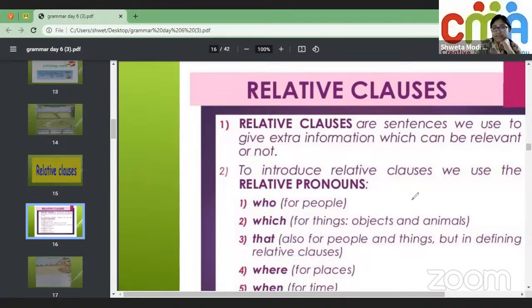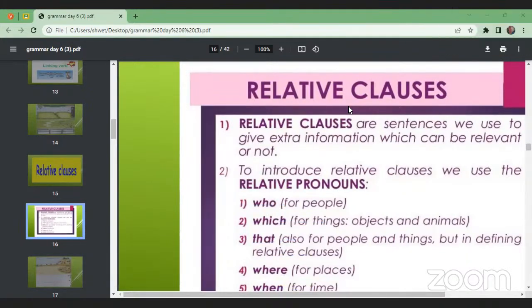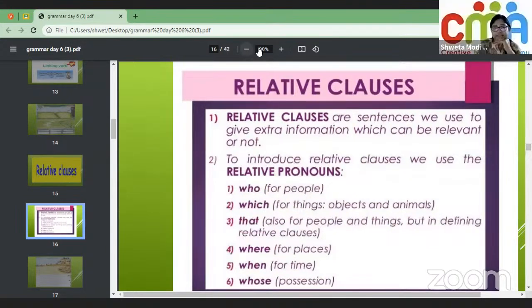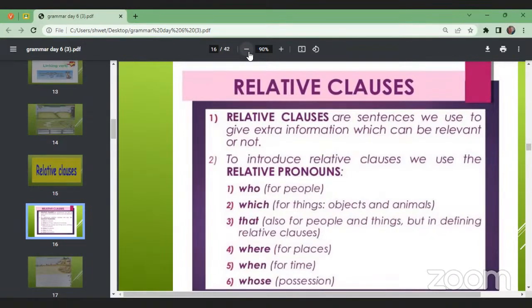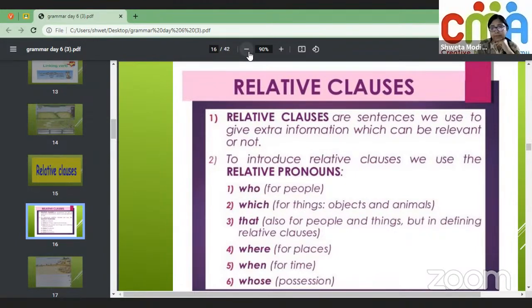So a relative clause. Relative clauses are sentences we use to give extra information, which can be relevant or which can be just additional information. Okay.